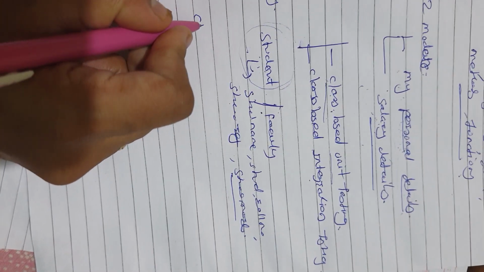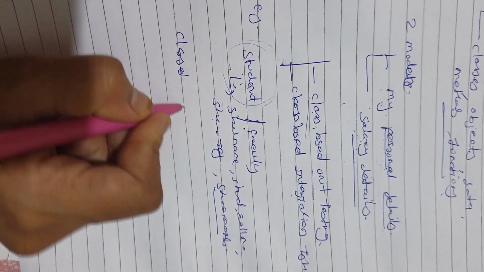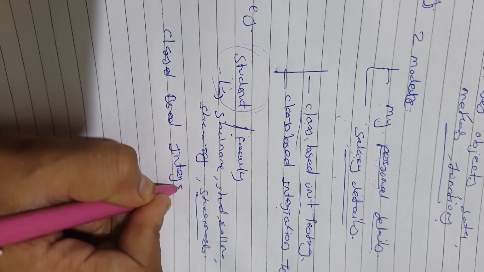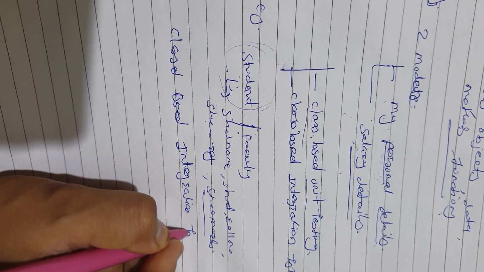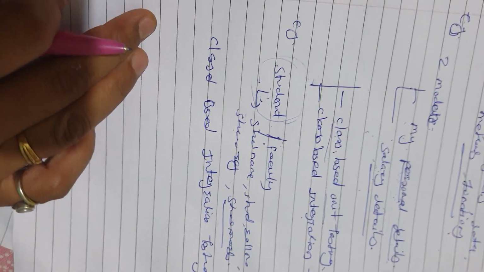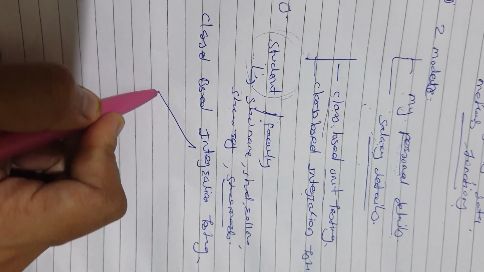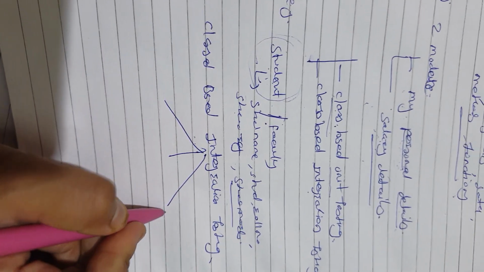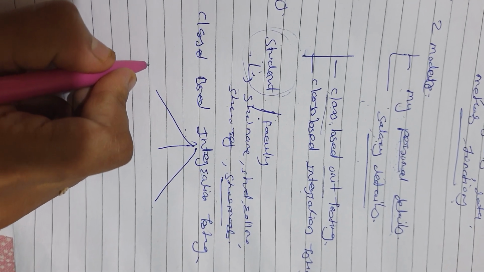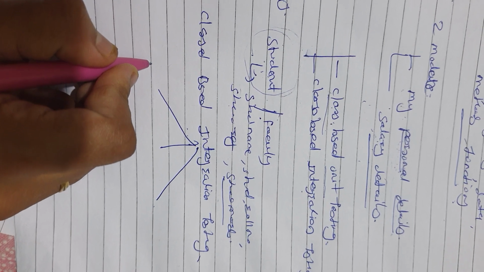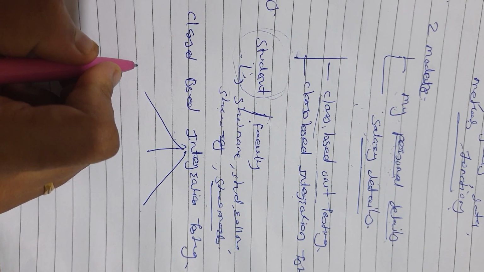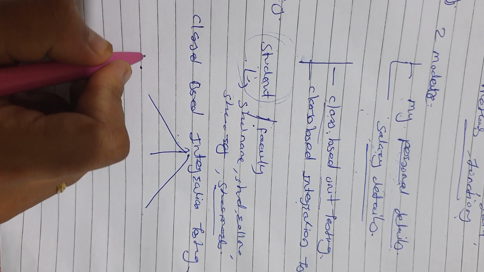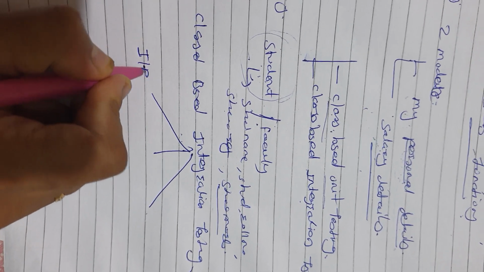The second one is class based integration testing. Class based integration testing is again categorized into three parts. Class based integration means combined together. So class based integration testing is divided into three parts.